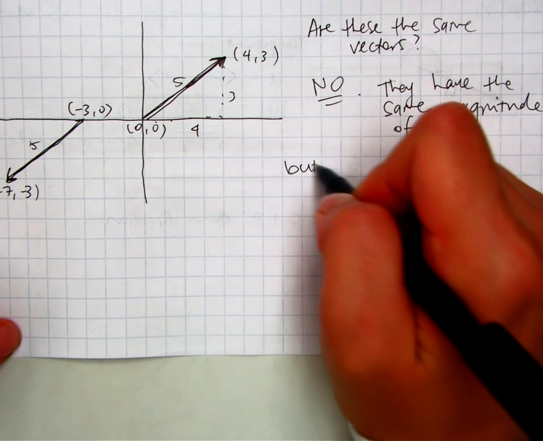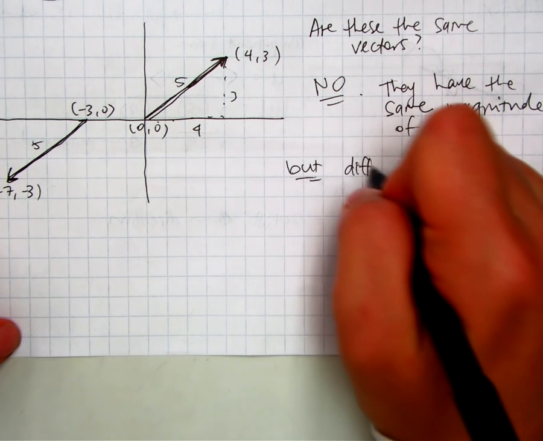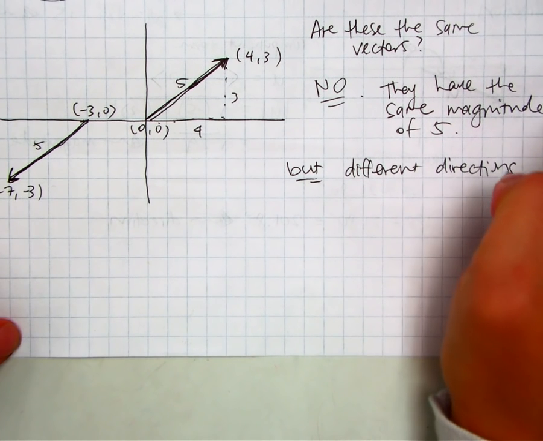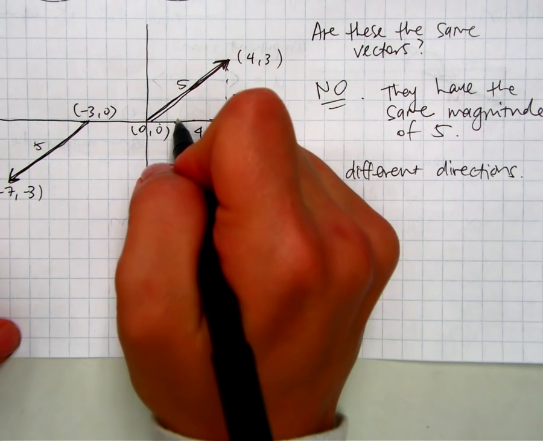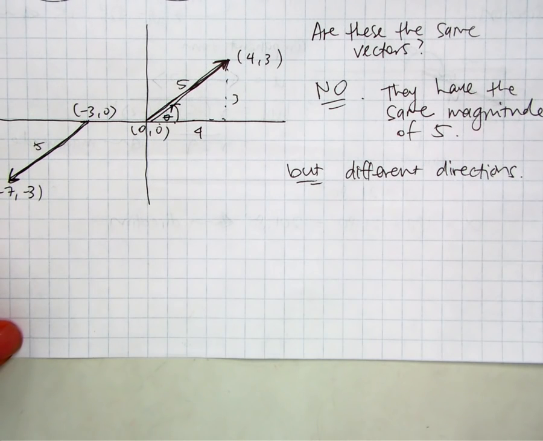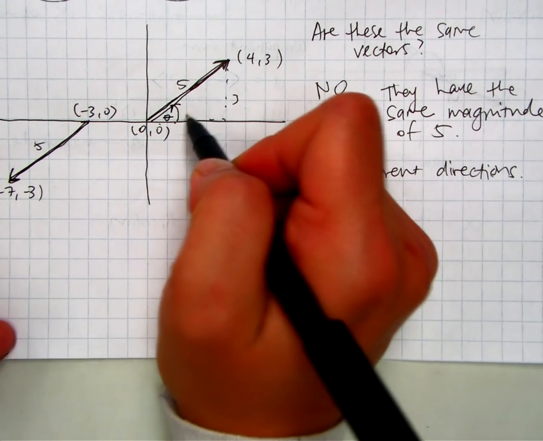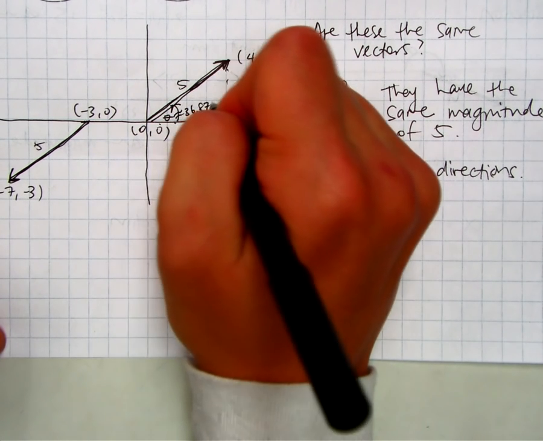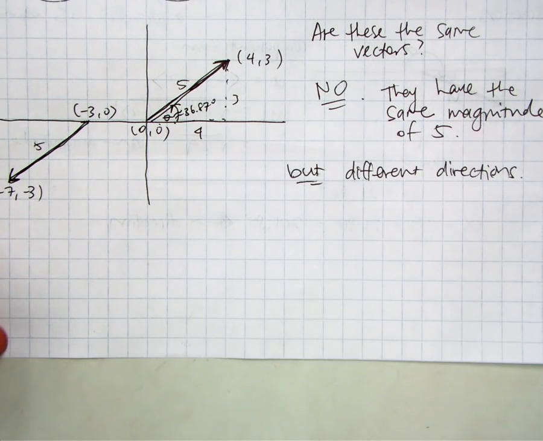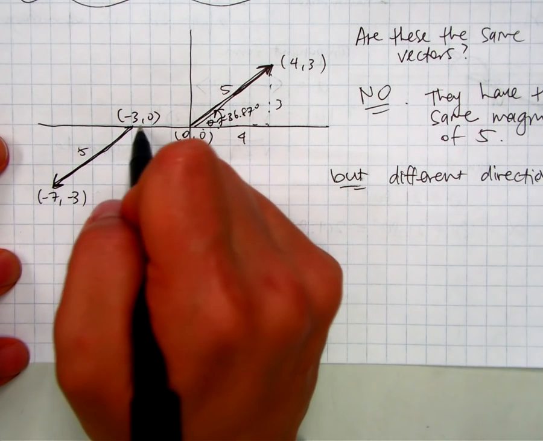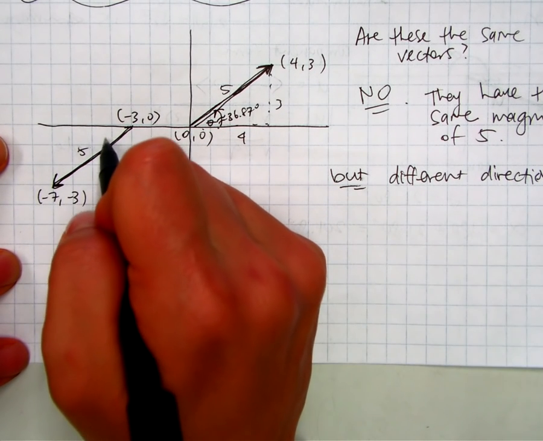But they have different directions. This one, the angle is here. This was approximately 36.87 degrees. However, this one, the angle is not this right here.